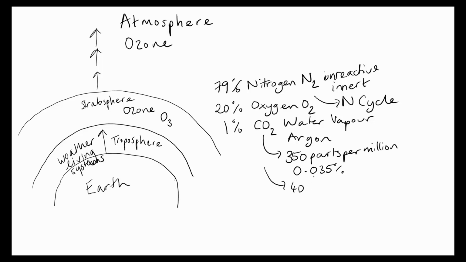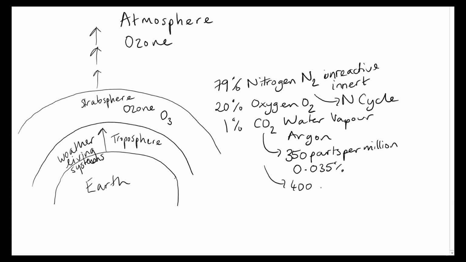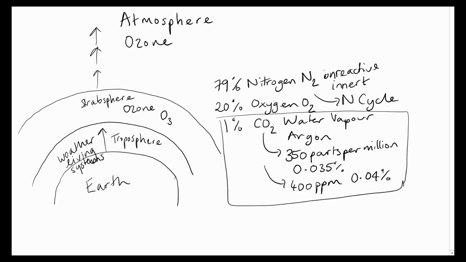We're at 408 about at the moment, but we'll say ppm, parts per million. So 0.04% of the Earth's atmosphere is carbon dioxide, and we know that this has an inordinately large, a really big effect on our atmospheric system. But anyway, today we're going to concentrate on what's happening here with this ozone.